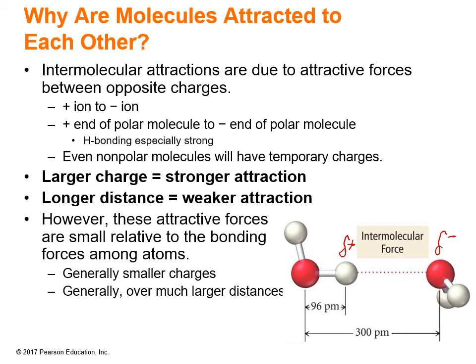This is going to hold the molecules tighter together and make it more difficult to overcome those intermolecular forces. Helps to resist the movement of those molecules. So the stronger the intermolecular forces, the higher the boiling point of the liquid. So this is one factor that is affected by intermolecular forces, the state of the substance.